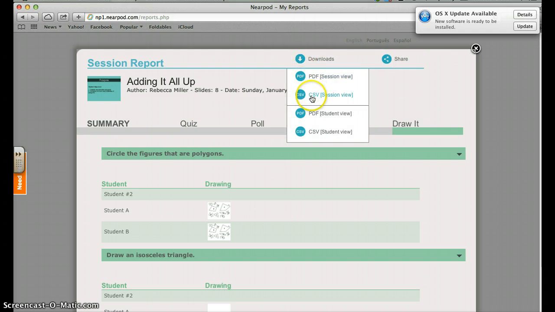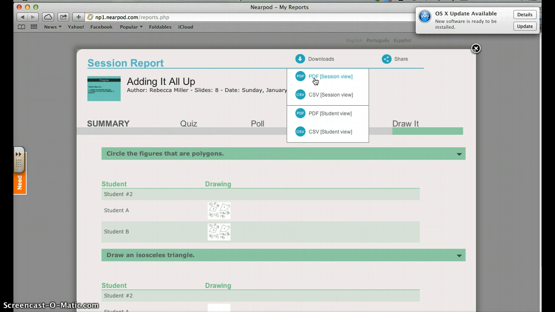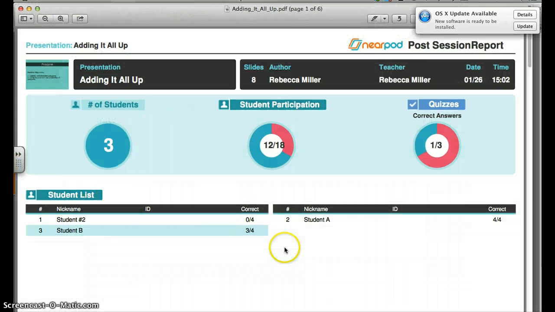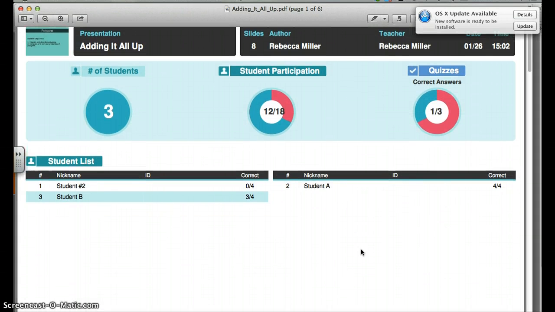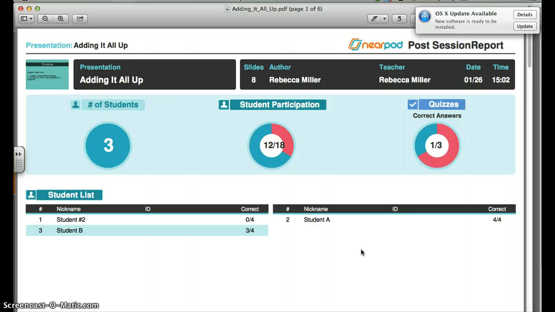If you would like to do a student view, you could do it that way, and then provide students with their results. When you open your PDF, you can see what the results were, how well they participated, and who participated in what questions and answered correctly.